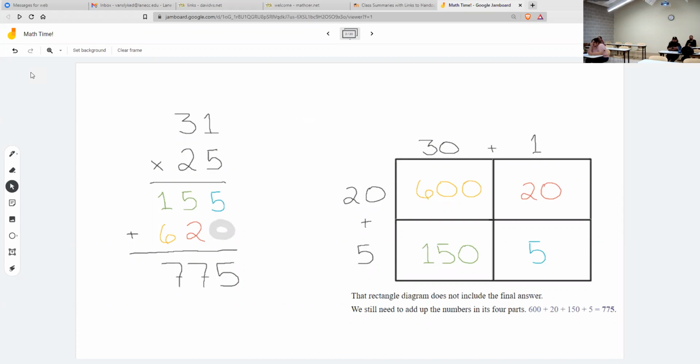See, that 3 is part of a 30. There's no 3 in this problem. We have a 30, a 1, a 20, and a 5. So this 3 is really a 30. What I'm doing is 30 times 5 is 150 in the green. And that's why it's a 1, a 5, and then another place value, right? 150 is right here.